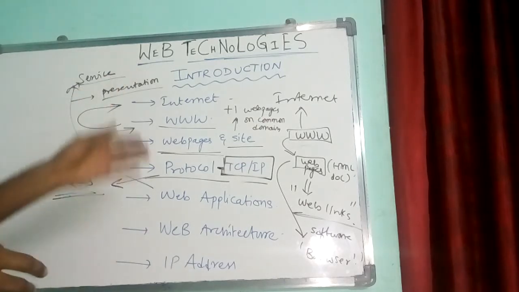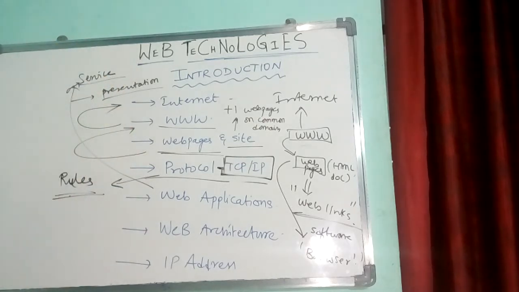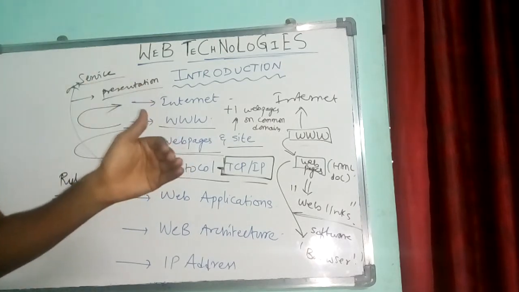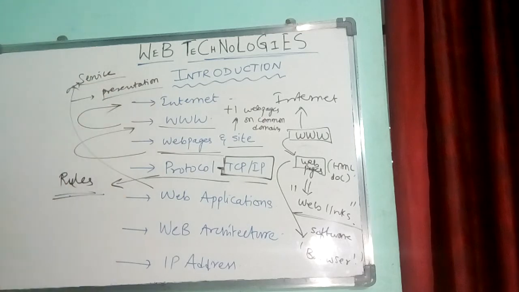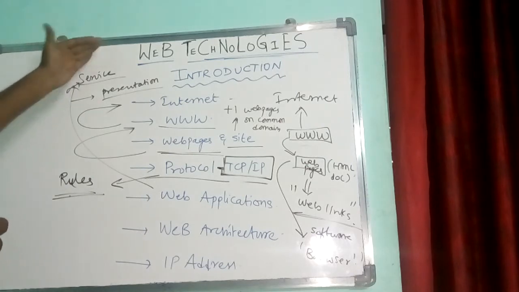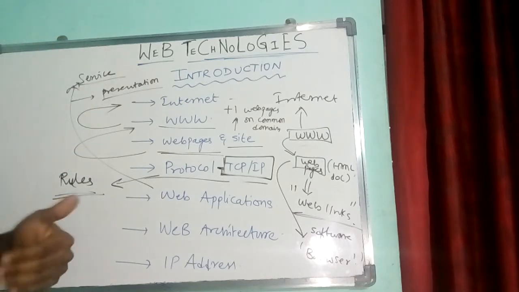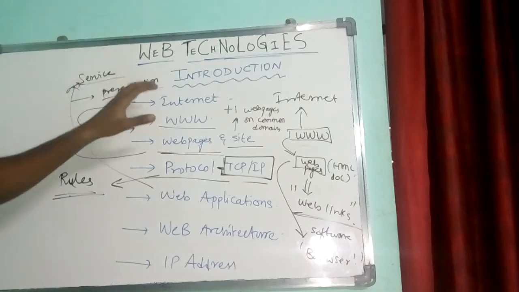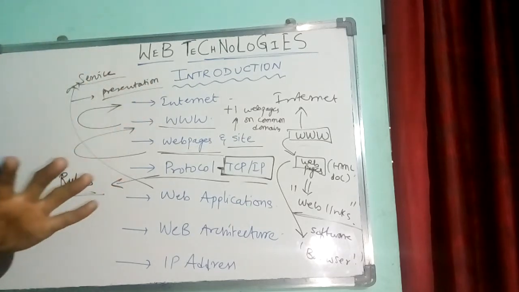In the presentation oriented web applications, we have interactions between the user and the web page, whereas in the service oriented we do not have such a facility to interact with the web page. These are mostly related to the service, that means they provide the network and we need to use it, that's it.